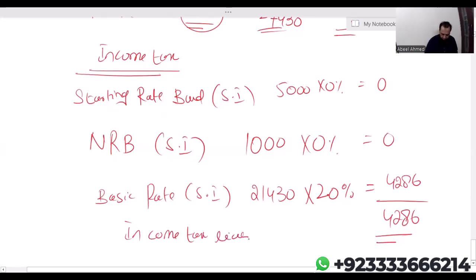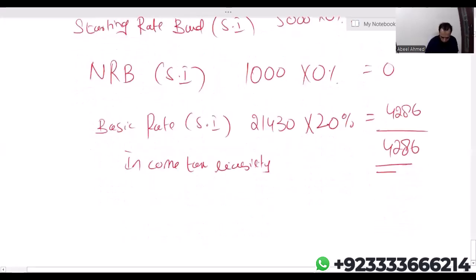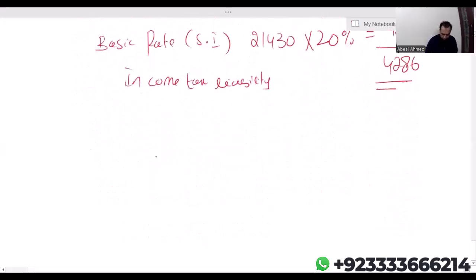Now let me bring more clarity. When does the rule of starting rate band come into action, when will you be getting 5,000, when will you be getting nothing and when will you be getting even less than 5,000? So let me show you. Let me make first few columns. Non-saving income.